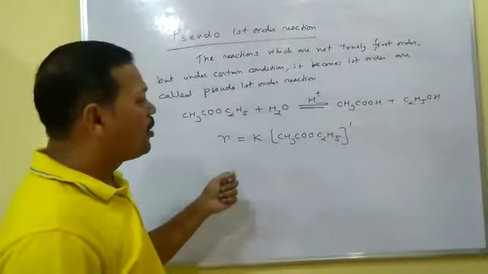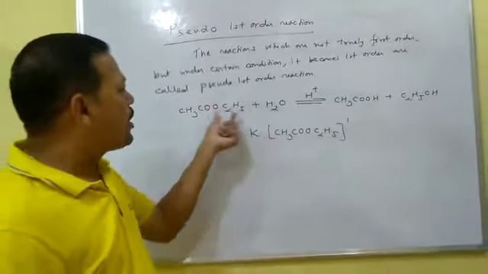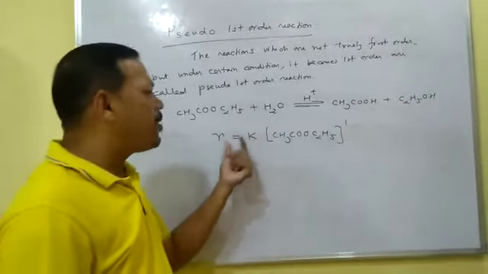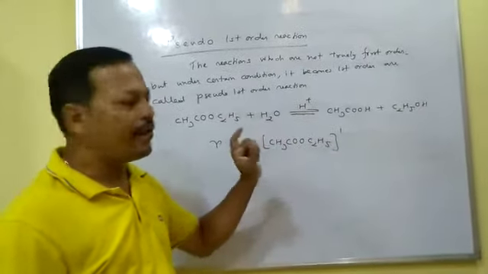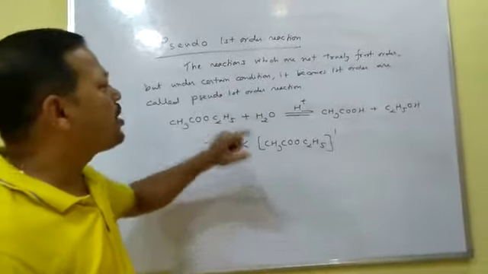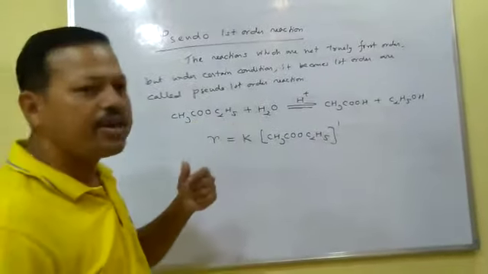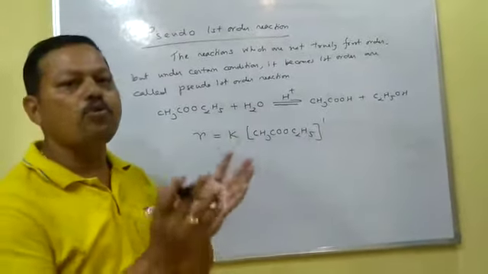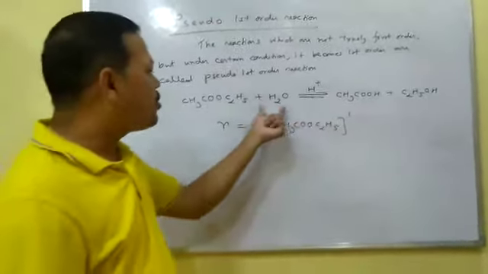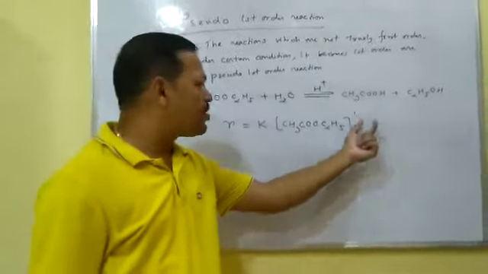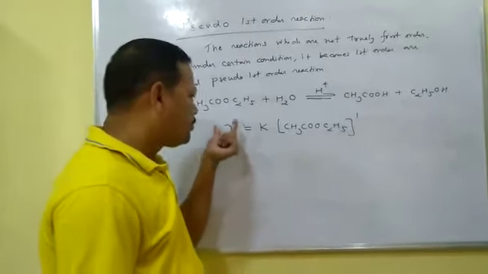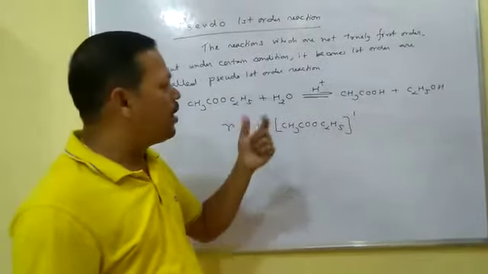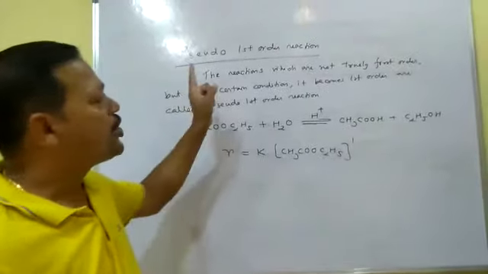So it seems to be second order because there are two reactants, but it is found that it depends only on the concentration of ester. Actually in this reaction the amount of water is very high, so water concentration is not considered here. Under this type of condition, the reaction is found to be first order, and this type of reactions are called pseudo first order reaction.